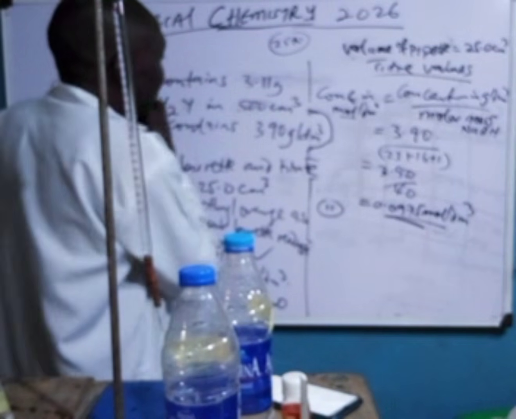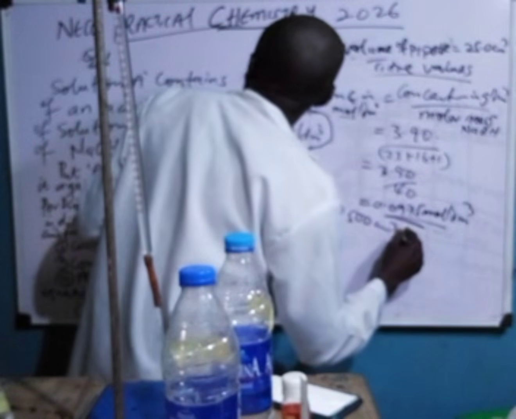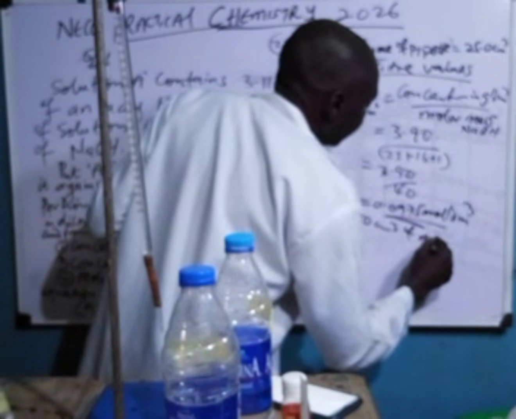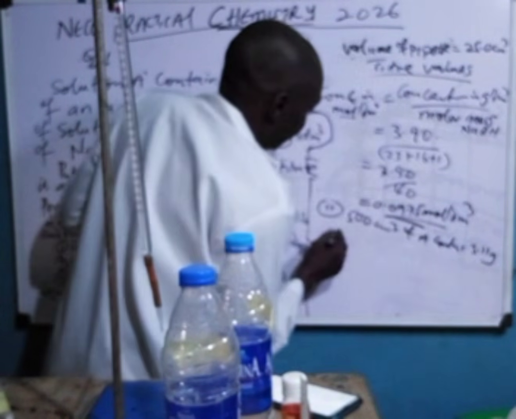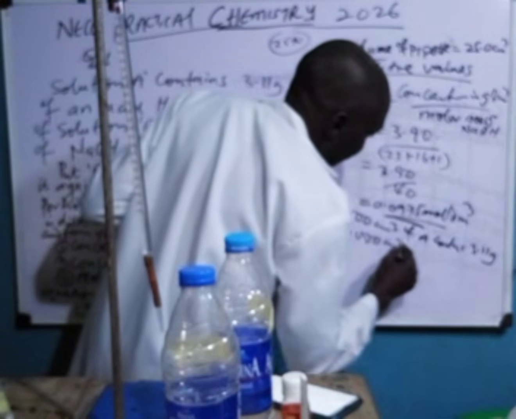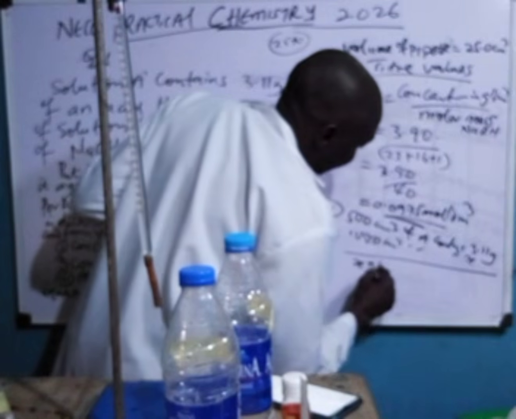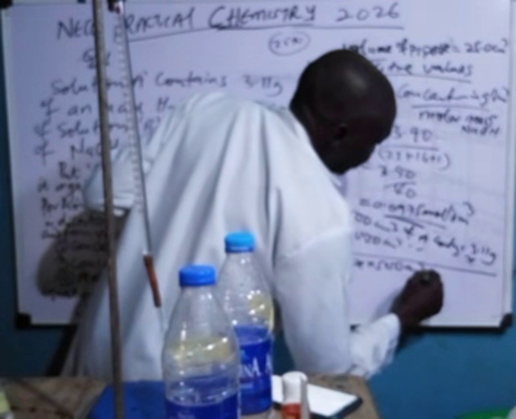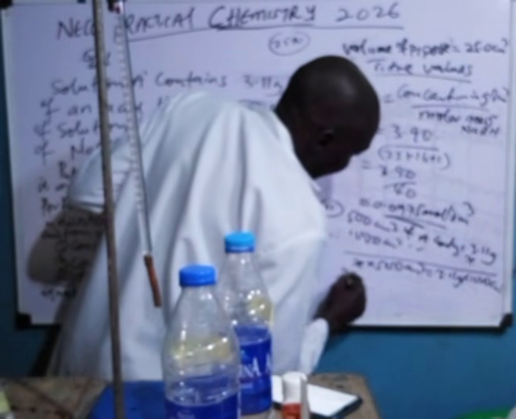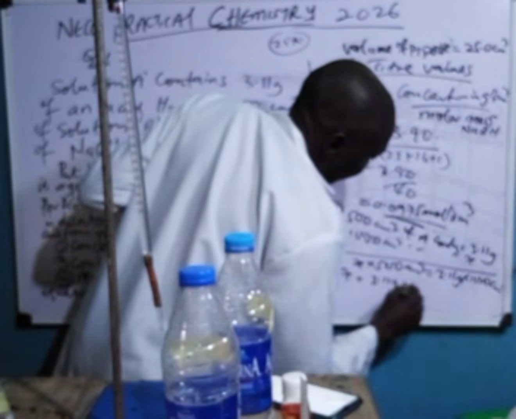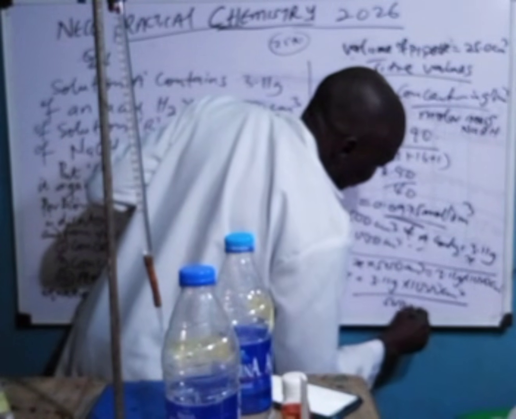We now say 500 cm³ of A contains 3.11 gram. Therefore, 1,000 cm³ of A contains X. Cross multiply: X times 500 cm³ equals 3.11 gram times 1,000 cm³. X equals 3.11 gram times 1,000 cm³ over 500 cm³.